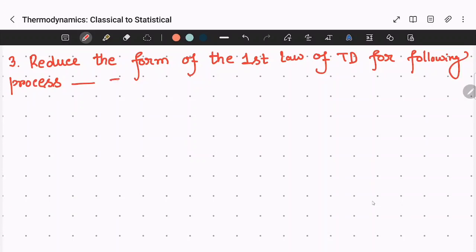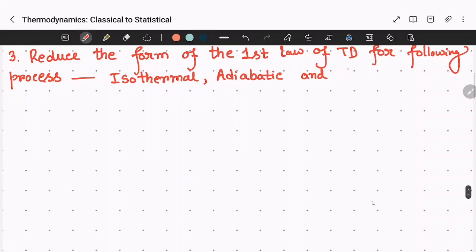First, isothermal. Second is adiabatic, and third is isochoric.